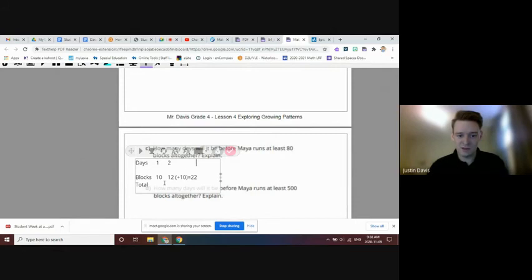So on day 3, Maya ran 14 blocks, and we could add 14 to 22 and get 36. And we're going to just continue that table until you figure out how many days it took her to run 80 blocks.